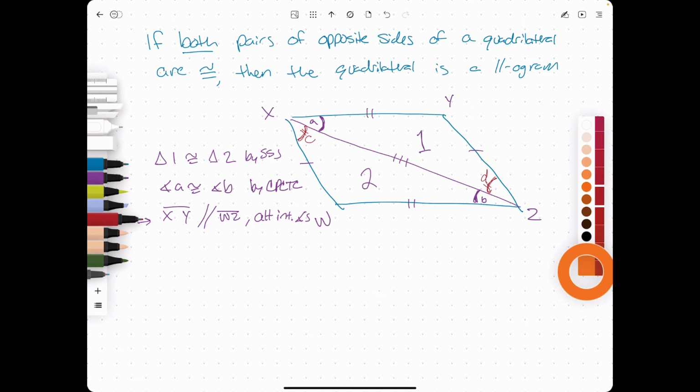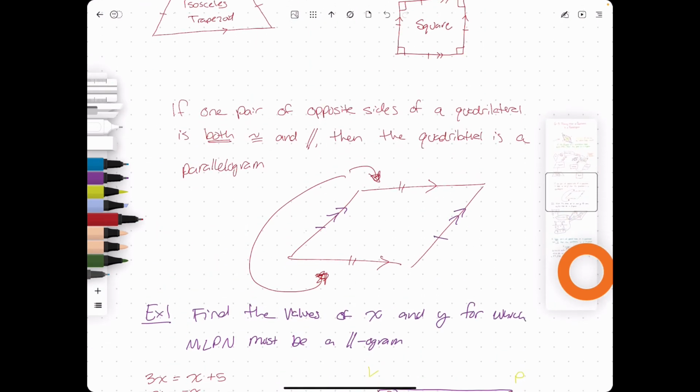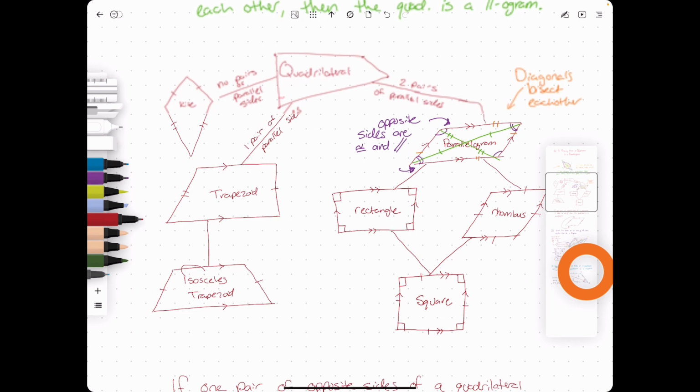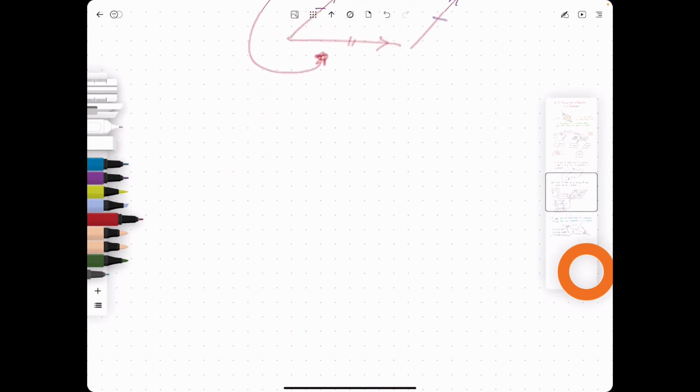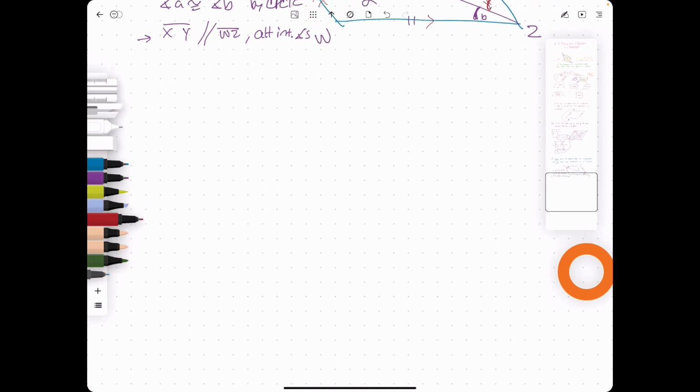Those are congruent alternate interior angles, so therefore I have opposite sides that are parallel. I have proven that it is a parallelogram because opposite sides are both parallel. So if both pairs of opposite sides of a quadrilateral are congruent, then it's a parallelogram. In our diagram we already had opposite sides congruent, so I don't really need to put that in there.